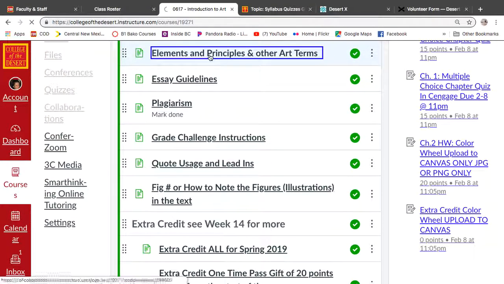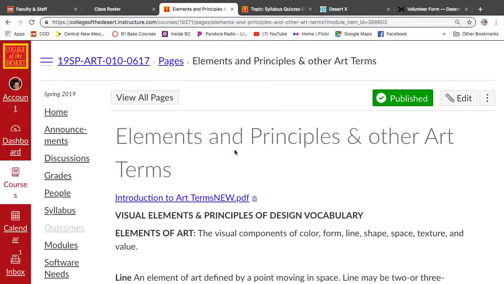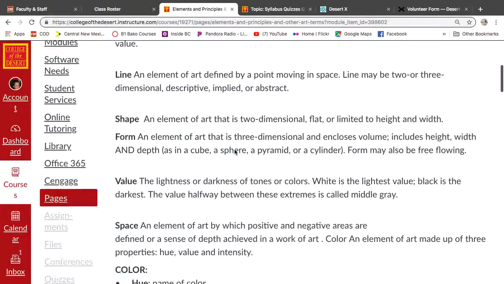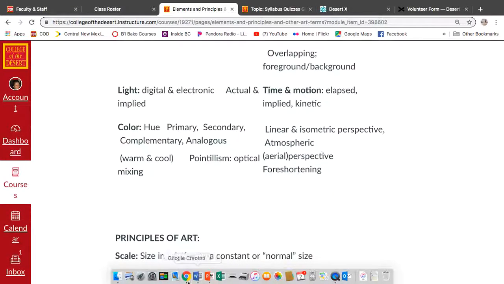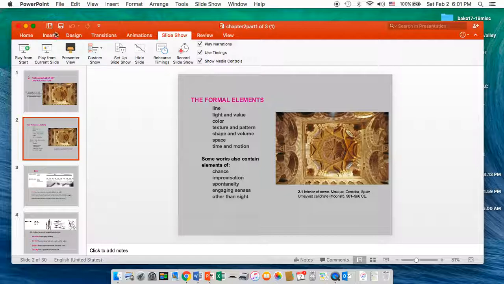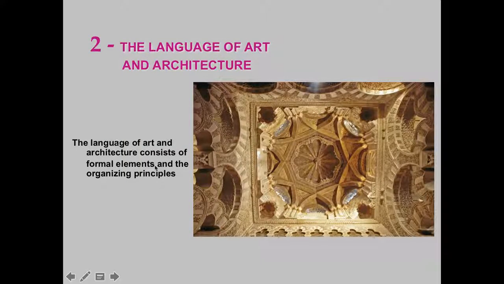So look that over. There's also a link to look at it online, but they're listed here for a quicker definition list. But in the book and in the PowerPoint, I'm going to go through them.